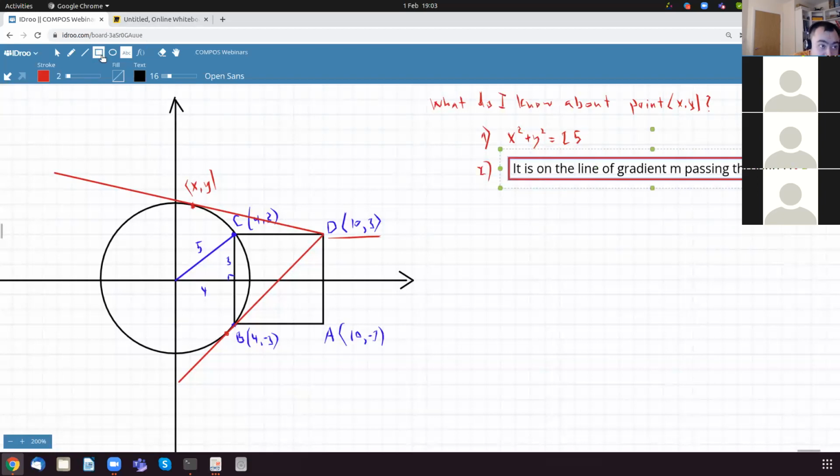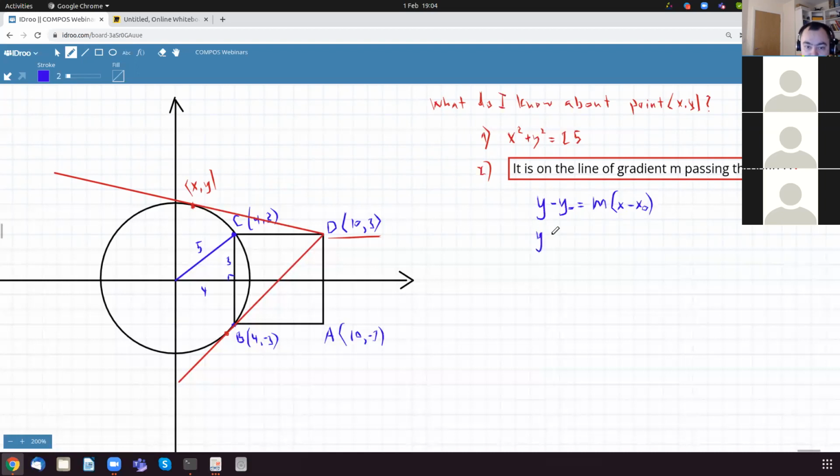So I'll write the equation of that line. That means y minus y0 is equal to m times x minus x0.